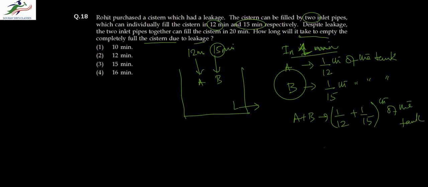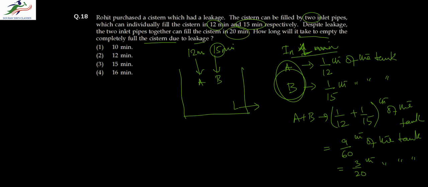And this is equal to, if you take the LCM and simplify it, 9/60 of the tank, which means 3/20th of the tank. So A and B working together fill 3/20th of the tank in 1 minute, and it is told that they are filling the tank in 20 minutes.